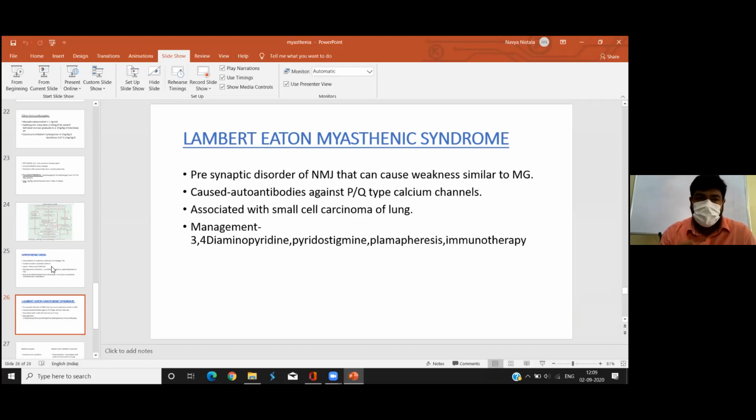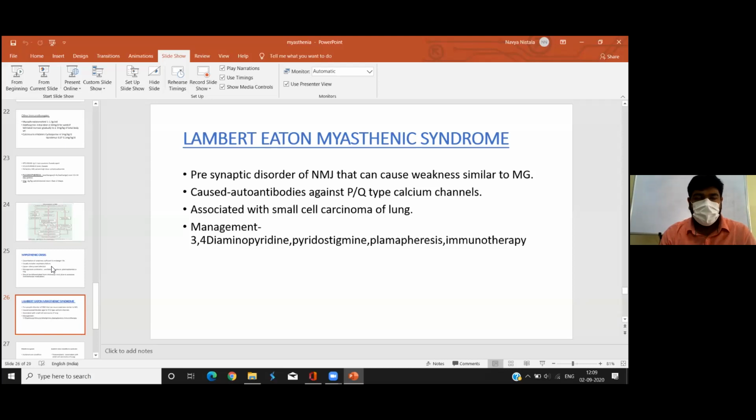Even when there is no thymic hyperplasia or thymoma, thymoma being 10% and thymic hyperplasia 65% I guess, there is symptomatic improvement in myasthenia gravis when you go for thymectomy. So thymectomy is another option.